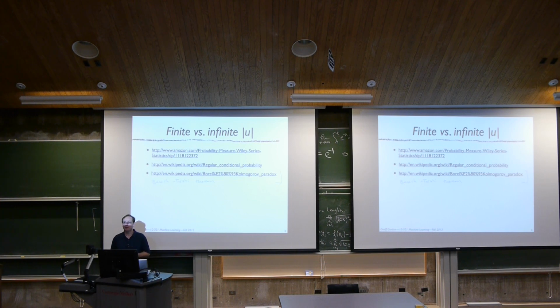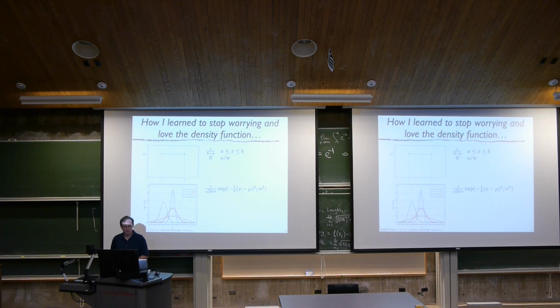In the sense of, for the rest of this course, I'm just going to pretend everything's pretty good, right? And we're going to do all of these calculations as if conditional probabilities meant something. And if you ever start to lose sleep about it at night, go read up on the Borel-Kolmogorov paradox and what its solutions are. But for now, stop worrying and learn to love the density function.